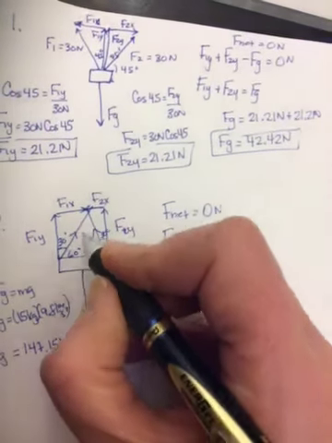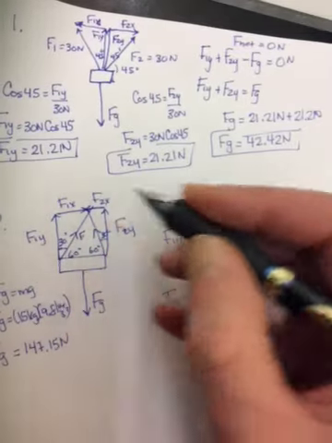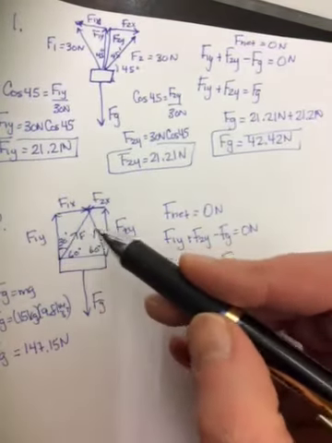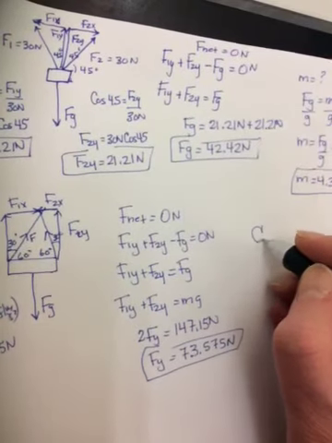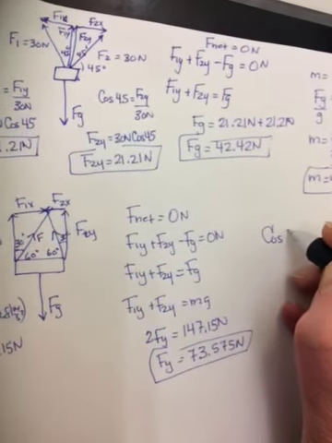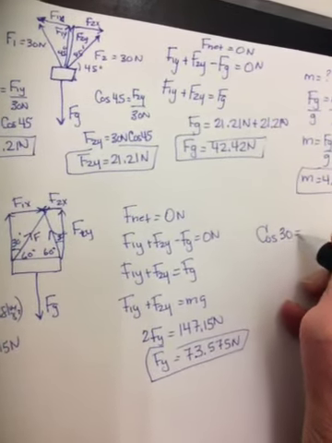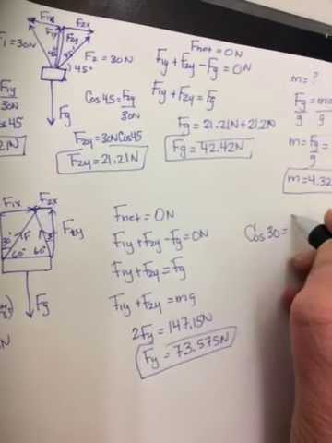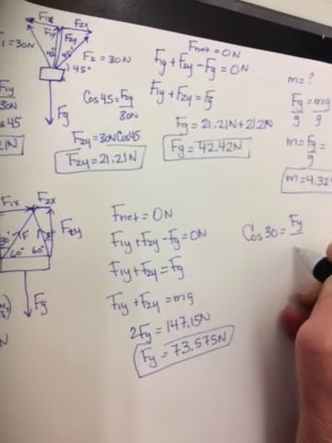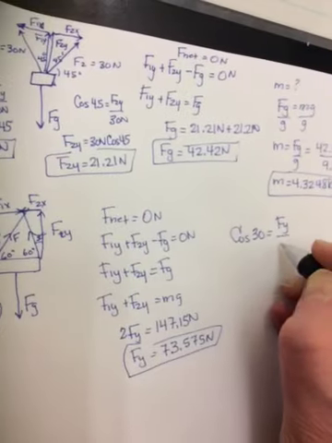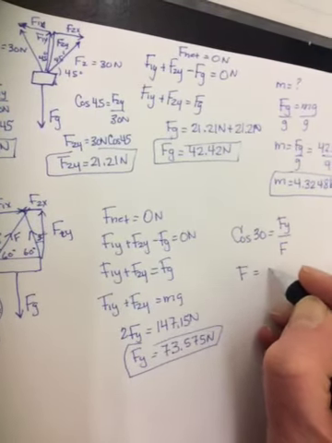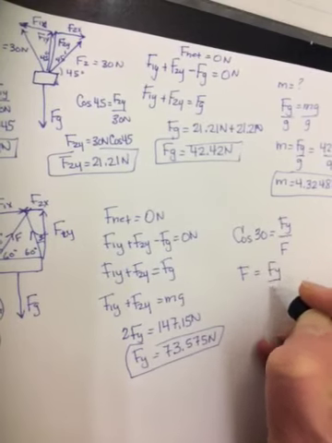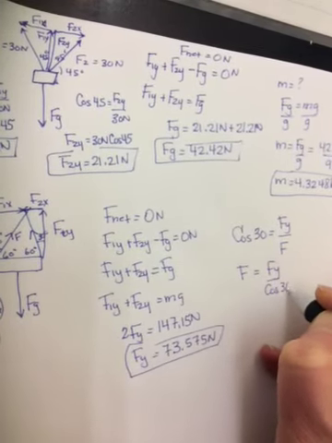So now we can find our F's. Because we have the adjacent side and we have the angle and we want the hypotenuse. So it's going to be cos of 30 is equal to the adjacent side, Fy, whether it's 1 or 2, over the hypotenuse F. So rearranging, F is going to equal Fy over the cos of 30.